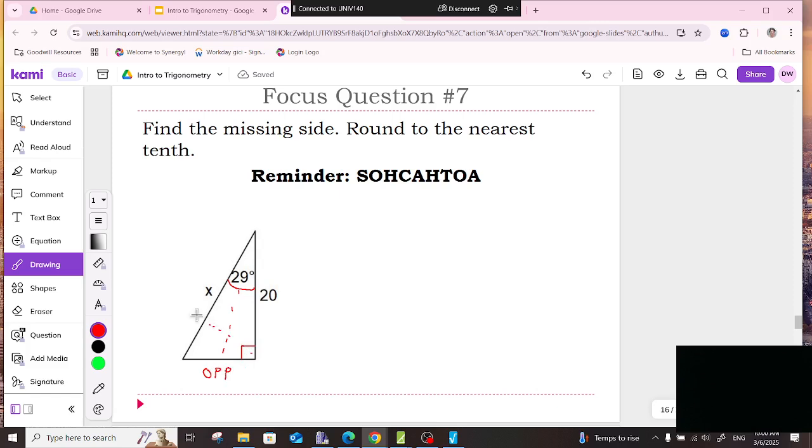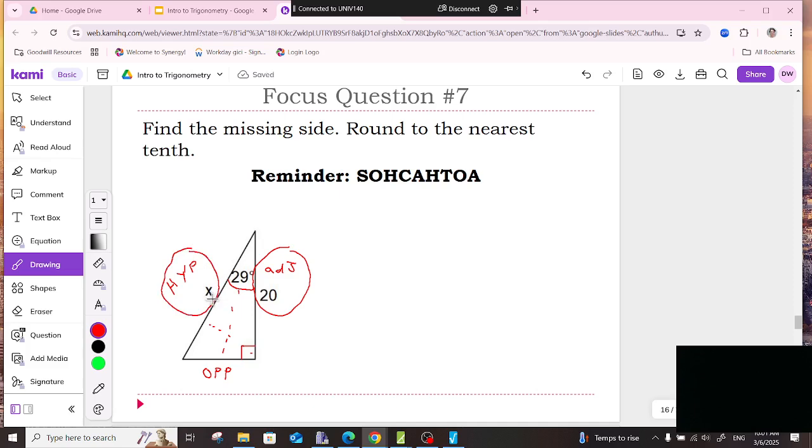This side is hypotenuse. And then the leftover one is adjacent. Now, you have a number for adjacent, so circle that. You are looking for hypotenuse, circle that.